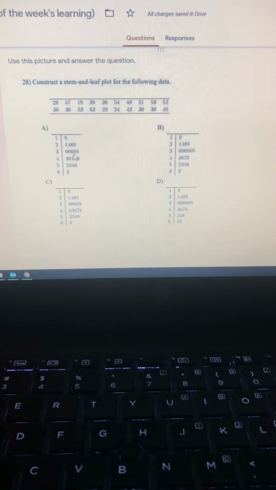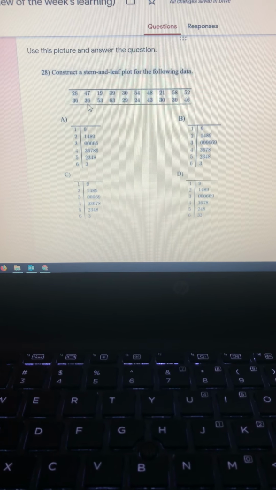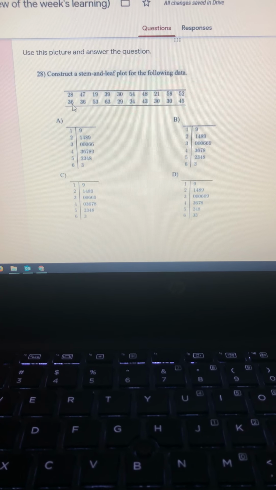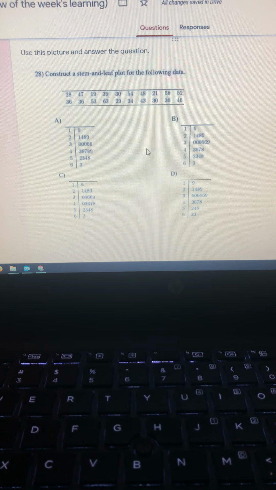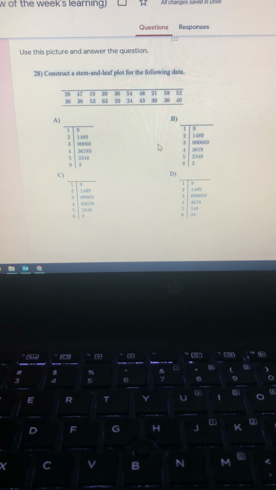So now we have to look at another 30, so that's 36 and then 36. And then is there another 36? So there's 3 zeros and then 2 sixes. And so this one also has a 9. So we can eliminate this one.